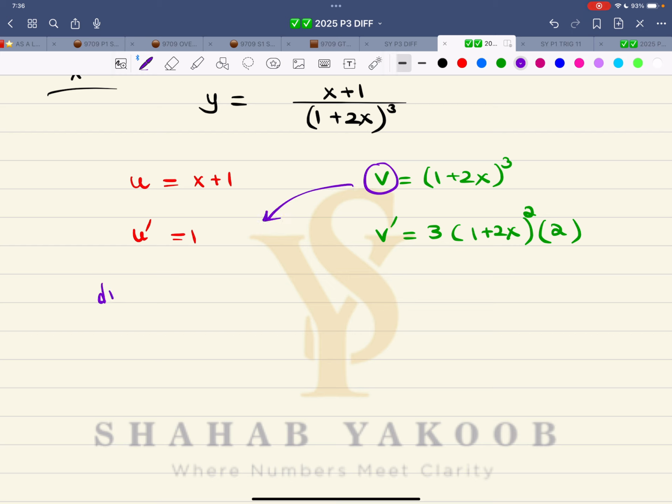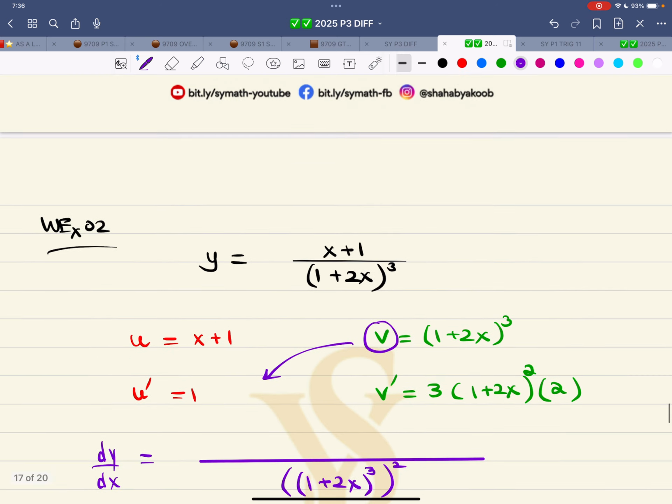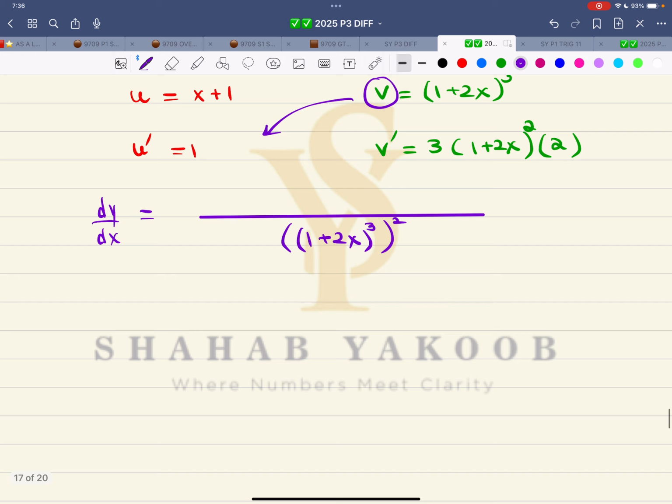So therefore, dy by dx, don't forget the denominator line. First of all, this is 1 plus 2x whole cube raised to power of 2. So remember this rule, a power m raised to power of n, the powers multiply, a power mn. So this 3 will multiply with this 2, that will become 6. I'll write it in the second line.